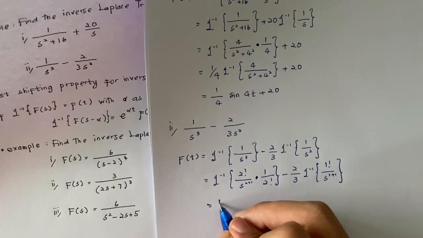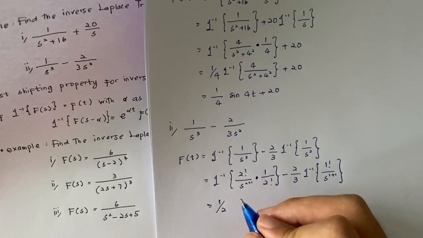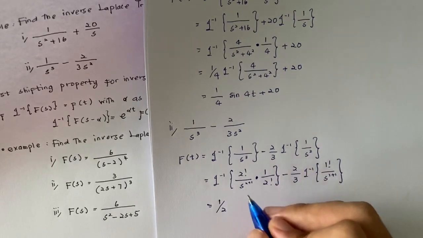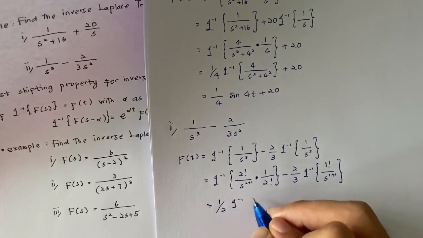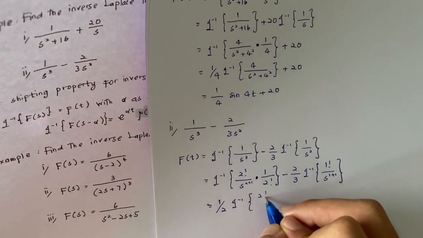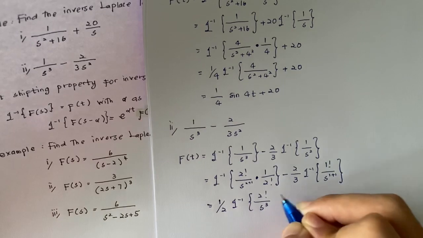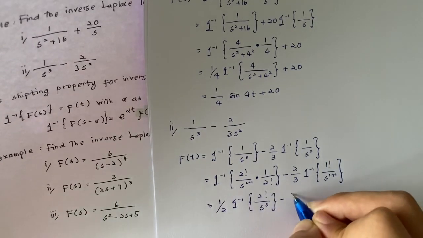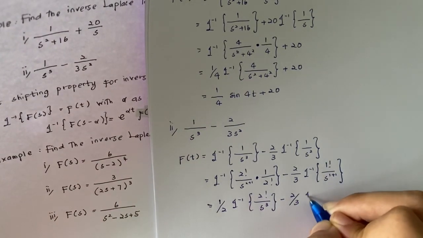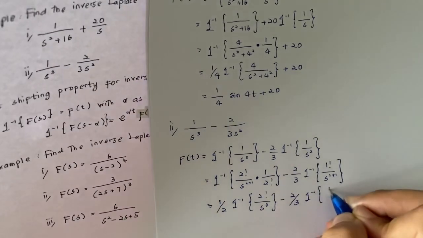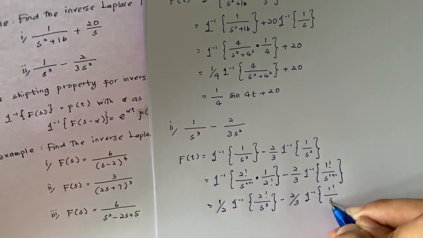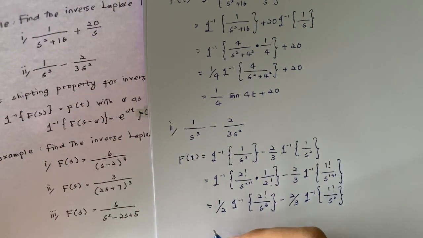1 over 2 is a constant. 2 factorial is 2. So inverse Laplace of 2 factorial over s cubed, minus 2 over 3 inverse Laplace of 1 factorial over s squared.